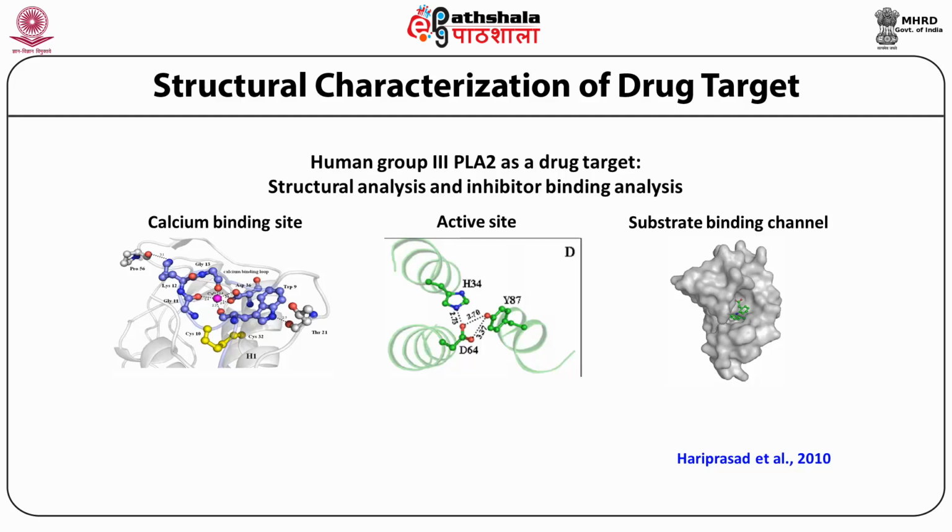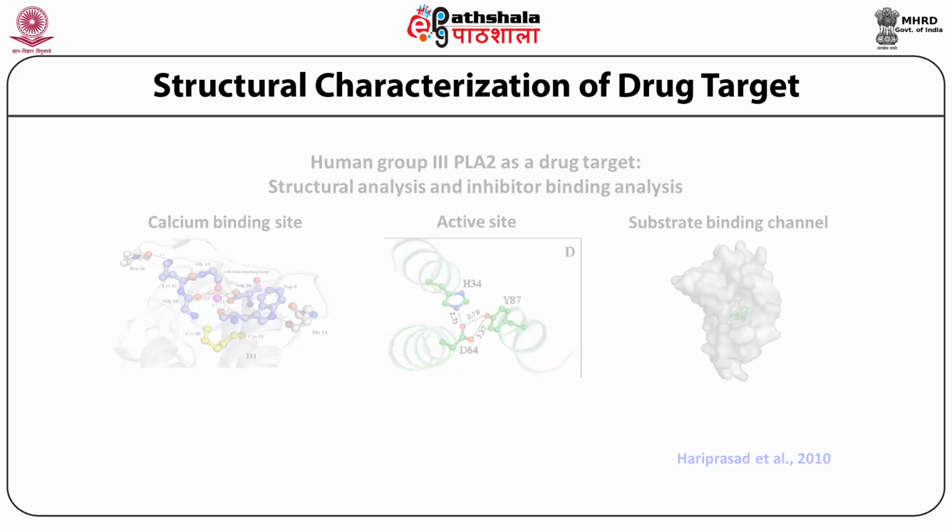And when you talk about the structural characterization, you could be looking at understanding important functional motifs such as the calcium binding site, the active site where the catalysis takes place, and finally the substrate binding channel, or the channel in which the substrate binds to the enzyme.